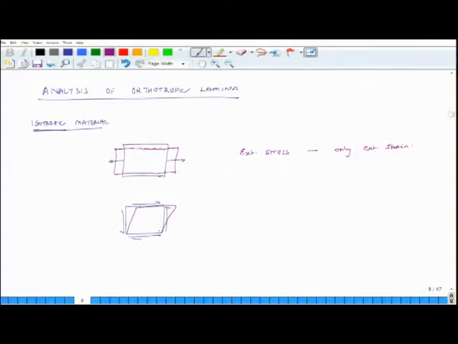So, the thickness and the length of the object do not change. Shear stress generates only shear strain. This is the observed behavior of isotropic materials.